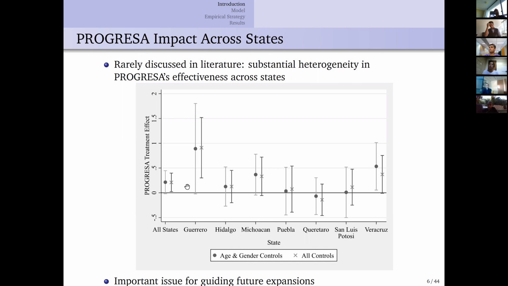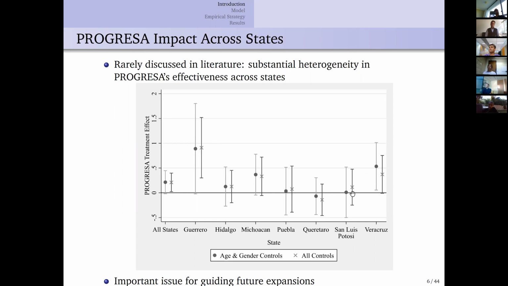But what I'm plotting in the remainder of the graph are these estimates separately for every state. So there were 7 states in this initial evaluation sample. And you can see quite substantial heterogeneity across states. So Guerrero, for example, has this huge effect. Veracruz also quite large.